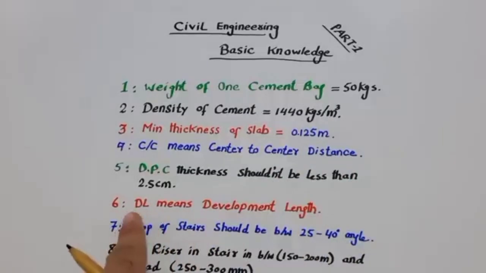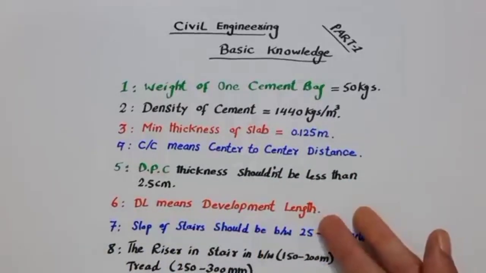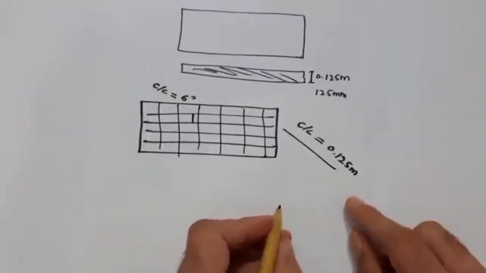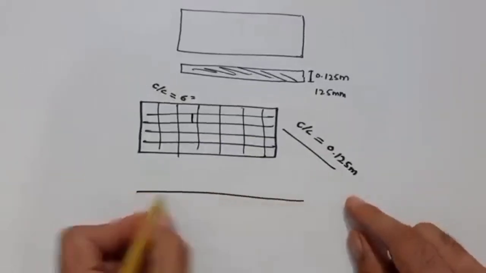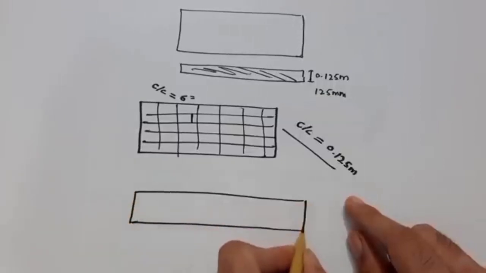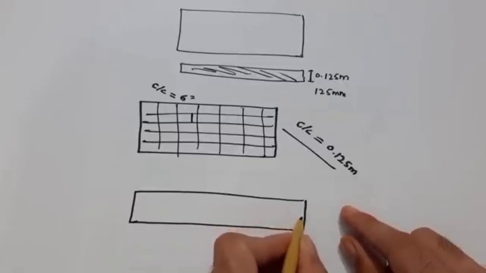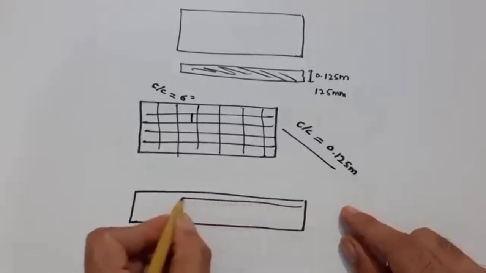The sixth one is, guys, DL, means development length. What is development length? Guys, you can see here, this is beam. So inside this beam I am providing the steel rods, in long section. So, guys, you can see these are steel rods.